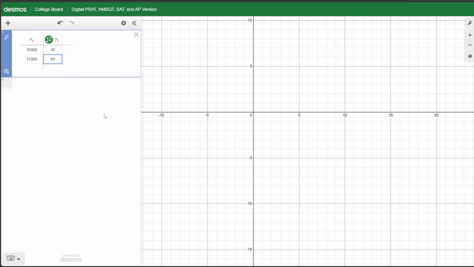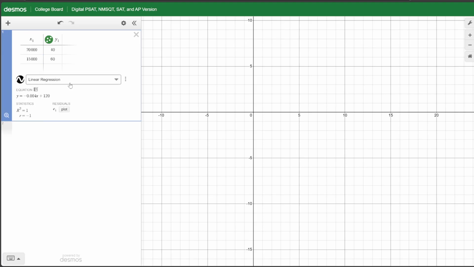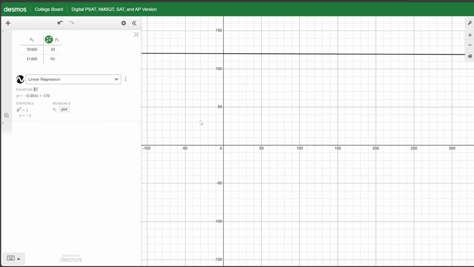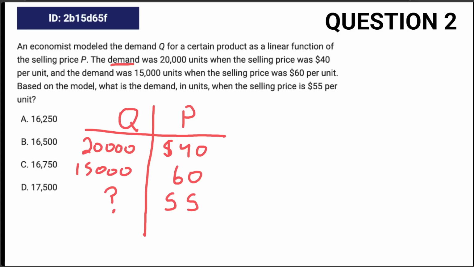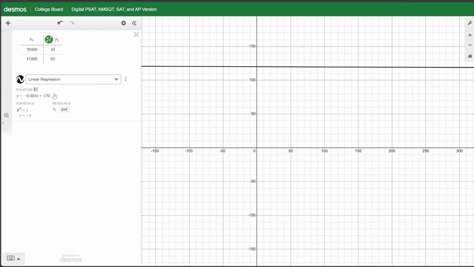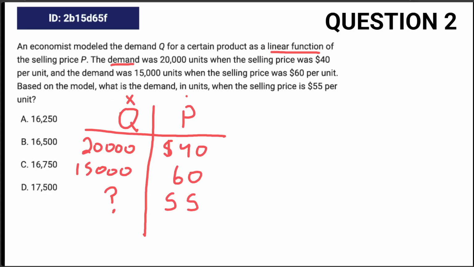Now nothing really happens, but if we click Add Regression, we can add a linear regression. This works because it is a linear function. And you can see here's the equation in terms of x and y, where x is q and y is p.